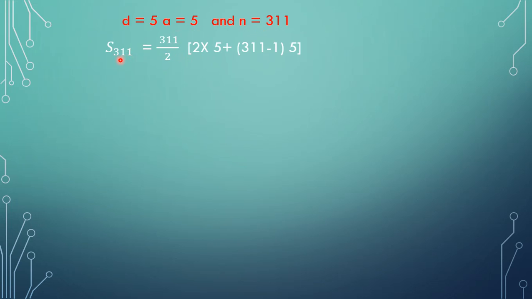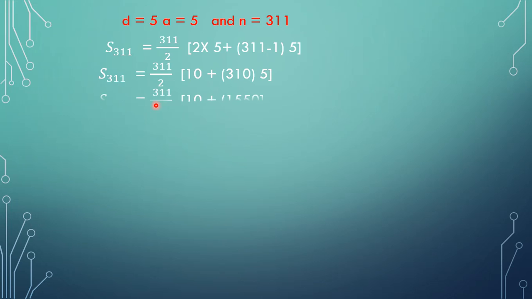So S311 is equal to 311 upon 2 into 2 into 5 plus 311 minus 1 into d, which is 5. After solving this, 5 into 2 is 10. So we get 311 upon 2 into 10 plus 311 minus 1, which is 310, into 5.